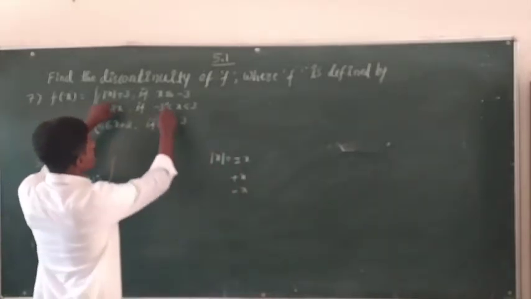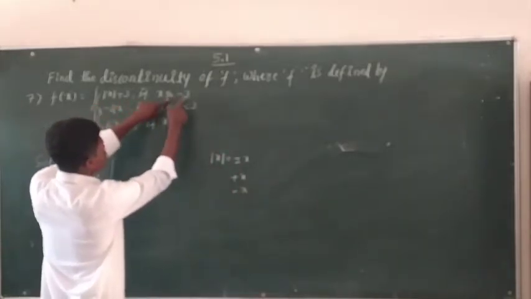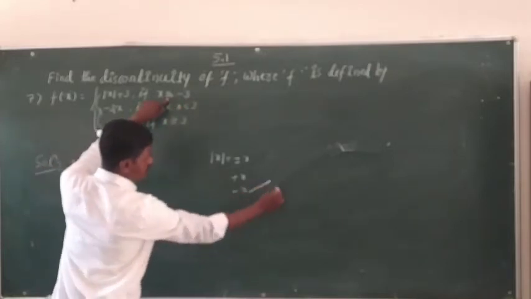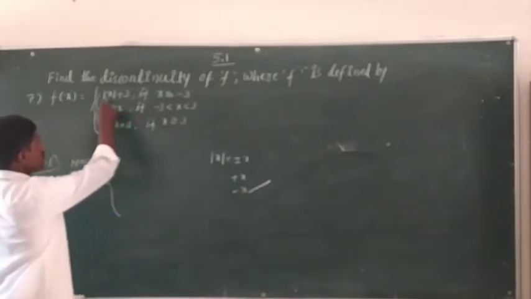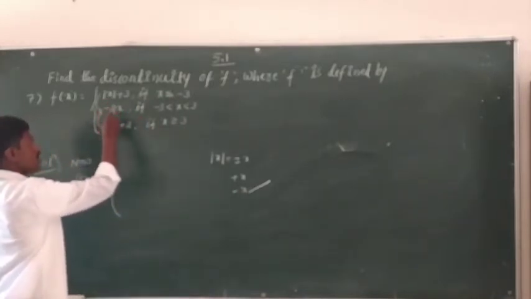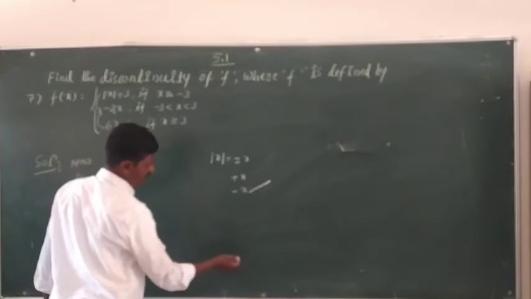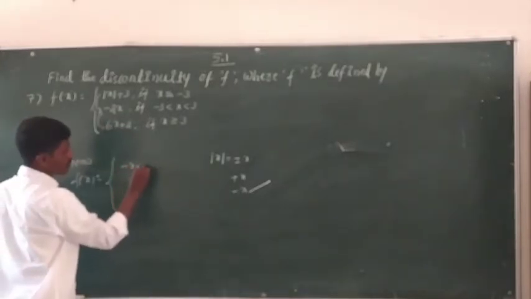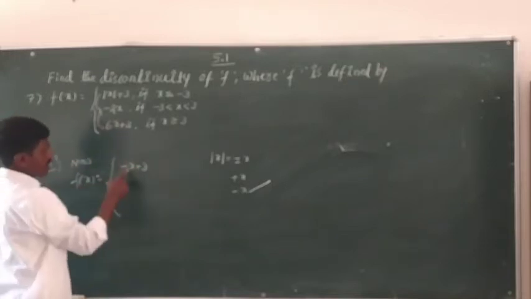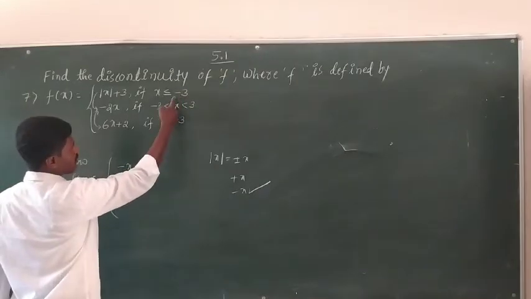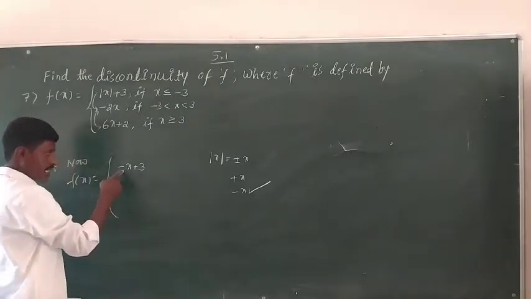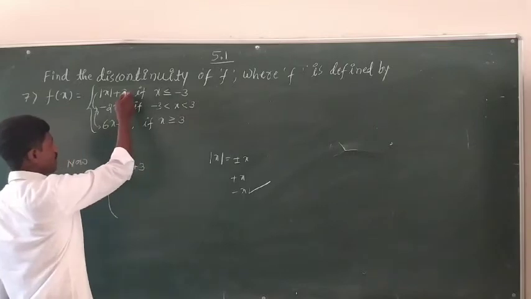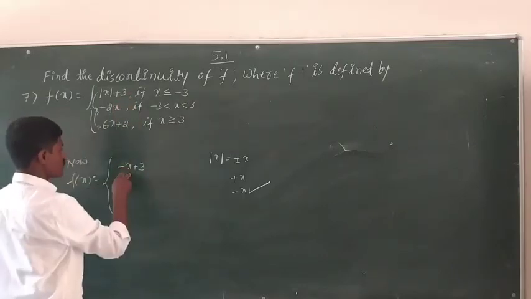But here, since x is less than minus 3, we take only minus x, since this is the modulus function and we have to convert it into algebraic form. Hence it is minus x plus 3. Why have we taken minus x? Because x is less than minus 3, hence we have taken minus x instead of plus x. Okay, so I convert this function like this.